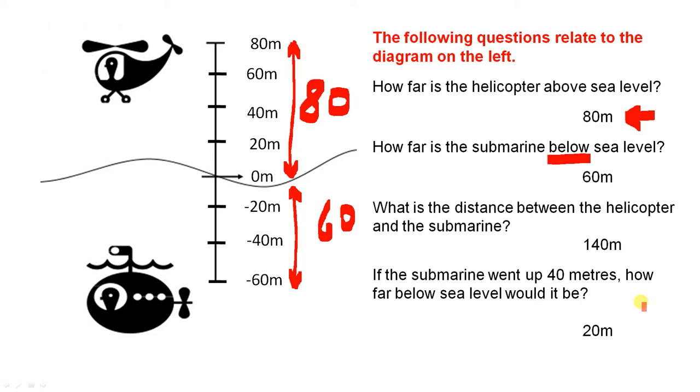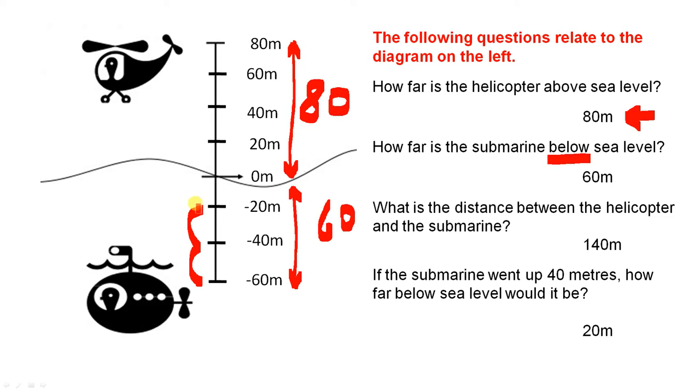If the submarine went up 40 meters, how far below sea level would it be? So here it is now. So if it went up 20 meters and another 20, that's 40 meters altogether.